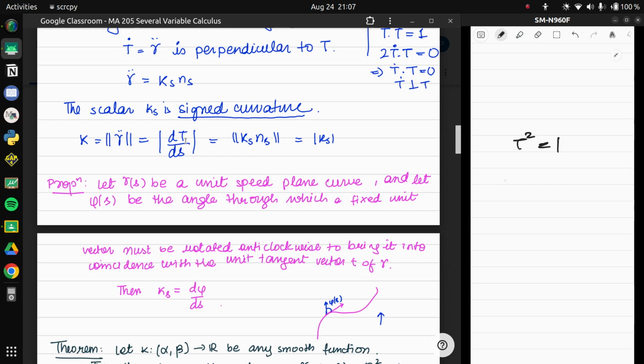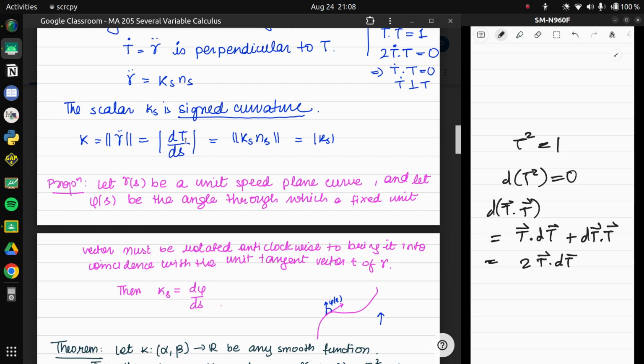So what does that mean? That means the derivative of t squared is equal to 0, and this thing is t dot t, right? As goes with any inner product or bilinear product, we can write this as this thing. And since the dot product is commutative, we can write this as this thing, and then you can rewrite this as this thing.